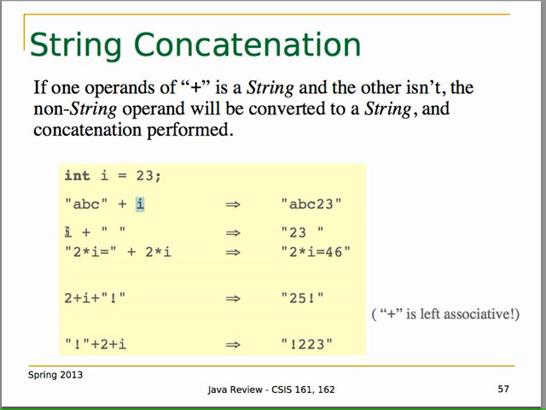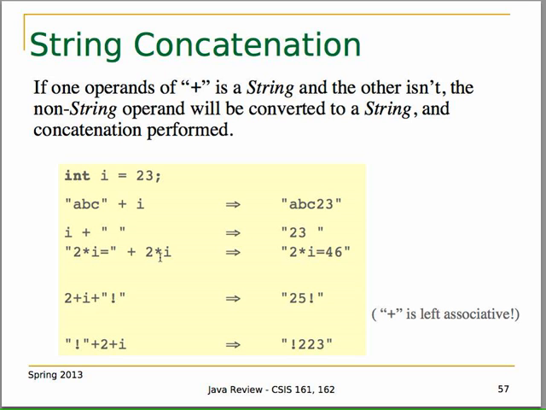Also, if i is 23 and you say i plus, in double quotes, one space, you get a new string. So once again, if you have an i on the left-hand side of the plus or concatenation operator, and the right-hand side is a string, then this int will get converted to a string, and then you do the concatenation.